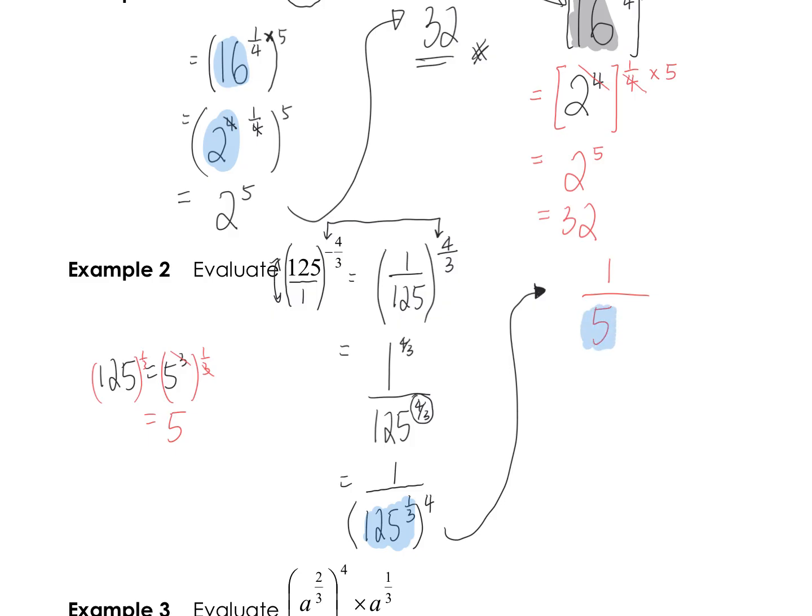And then I have a power 4 outside. So what is 5 to the power of 4? This one can use calculator. 625, that's it. So the idea is to split the fractional indices such that the numerator must be 1.